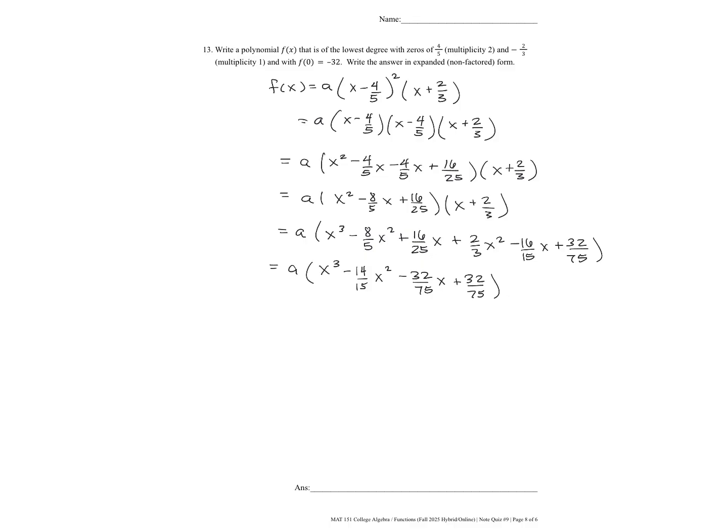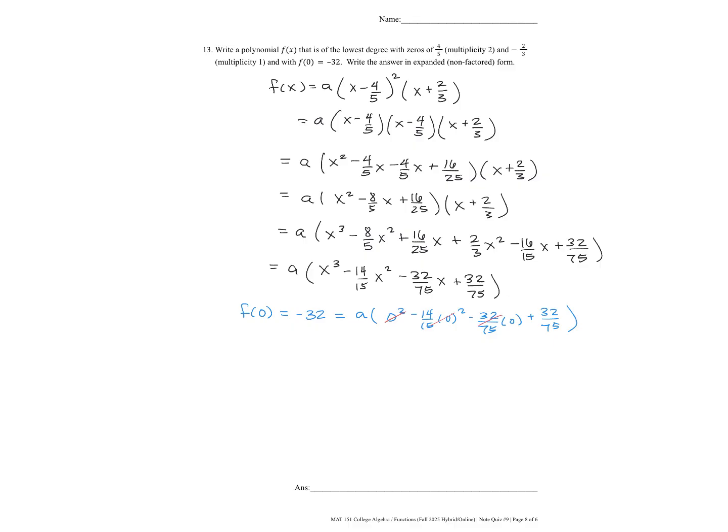But now I have to make sure that when I find f of 0, I get 32, but negative. So f of 0 has got to be negative 32. And now if I substitute 0 in, I still have an a out front. And those first three terms, 0 cubed minus 14/15 times 0 squared, minus 32/75 times 0, the first terms just drop out because that's 0, 0, and 0.